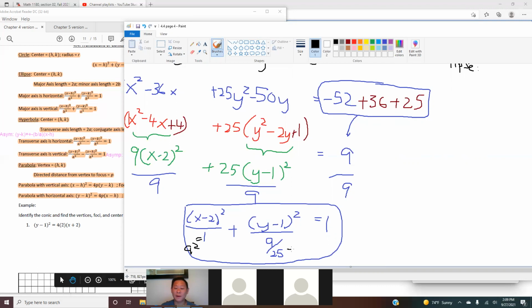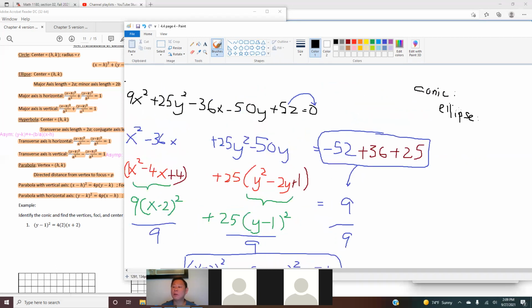And this is b squared, right? Because again, when you do ellipses, a has to be greater than b. So that's why you need to compare which one is bigger. We know 1 is definitely bigger than 9/25. So a squared is above what variable, x or y? X. So what kind of major axis is this, if a squared is above x? Horizontal. So this ellipse is the horizontal one.